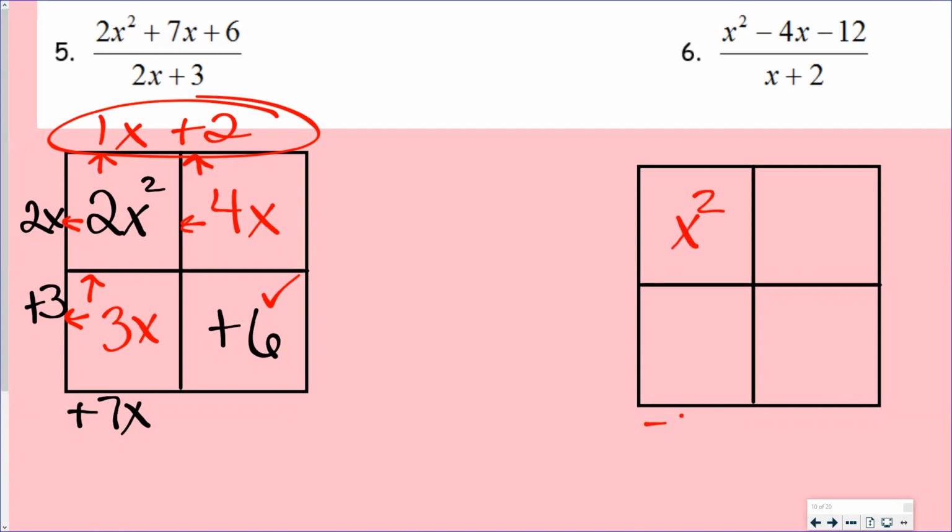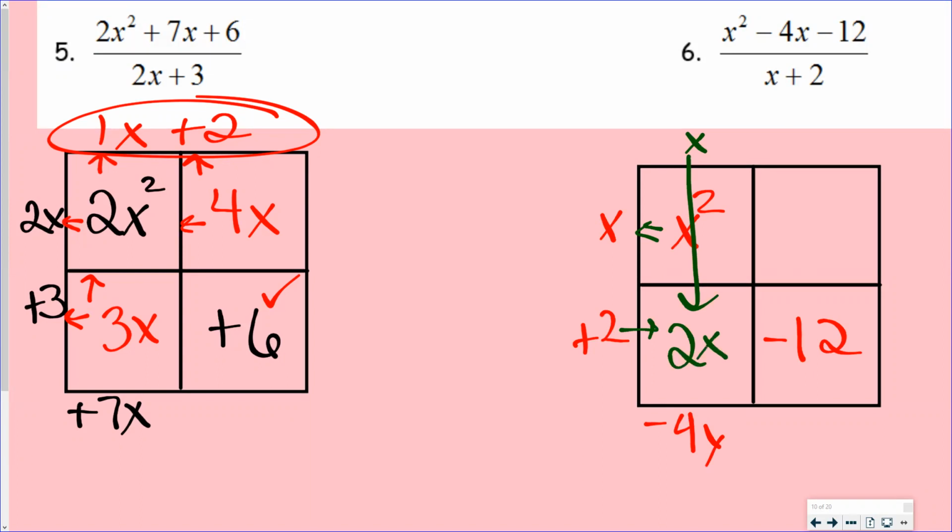x squared minus 4x minus 12, x plus 2. We go ahead and we fill in what we know. I know I have an x to the left. x times x is x squared. Well, if I have an x here, this x will tell me down here that x times 2 is 2x.